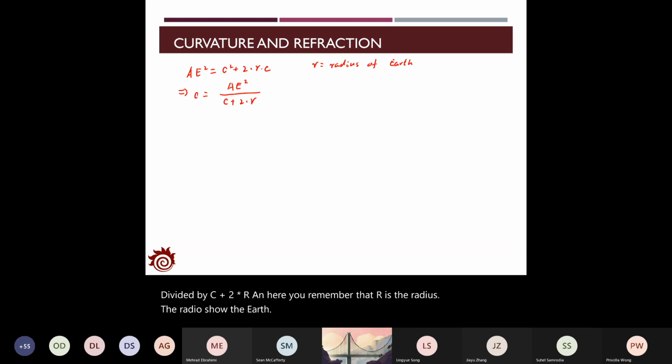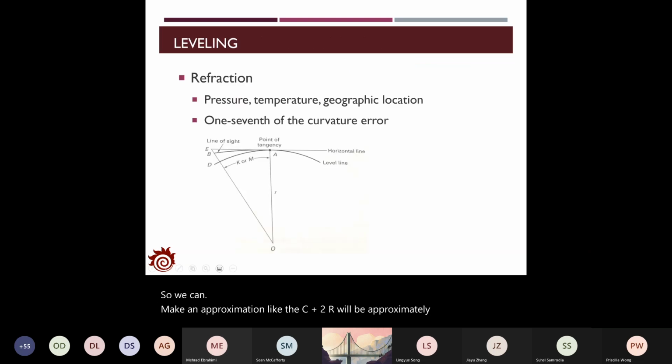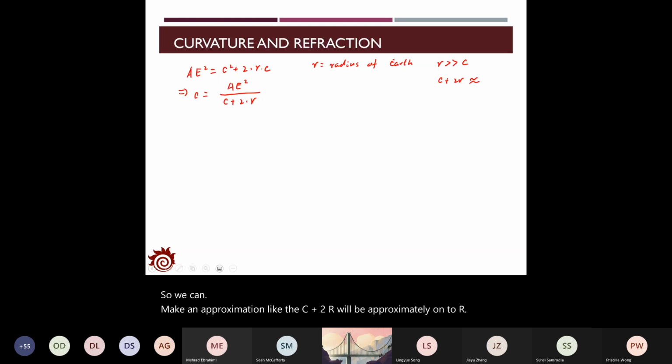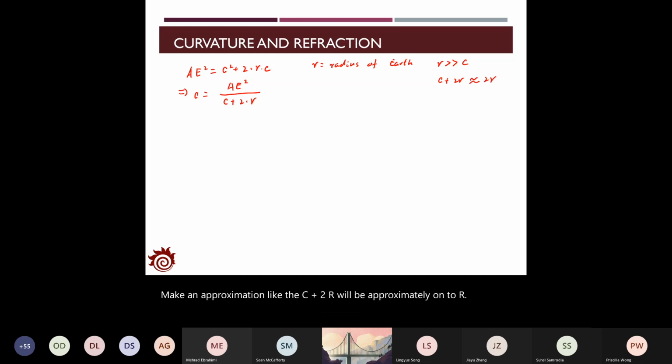Usually the value of R is much larger than C, so we can make an approximation that C plus 2R will be approximately 2R. And this will give you a simplification for the estimation of the curvature error: AE squared divided by 2 times R.